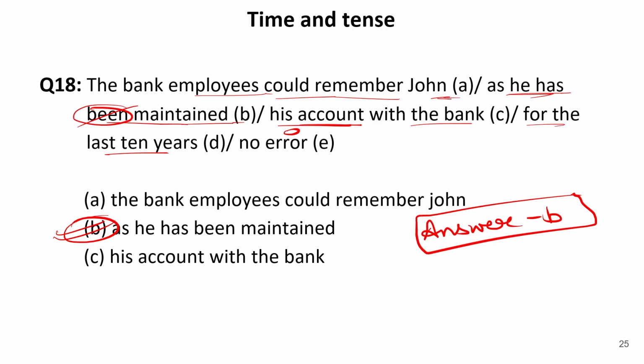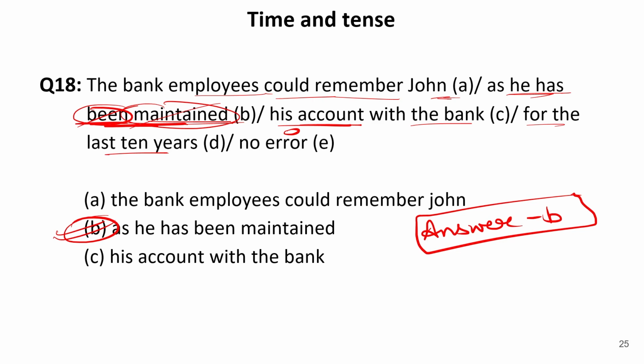We will keep this "been" over here, and "maintained" will be replaced with "maintaining." So we can use either of the two: "has maintained" or "has been maintaining." These two structures cannot come together. So our answer is B, because this part contains the error. That's it. We need not rectify it.